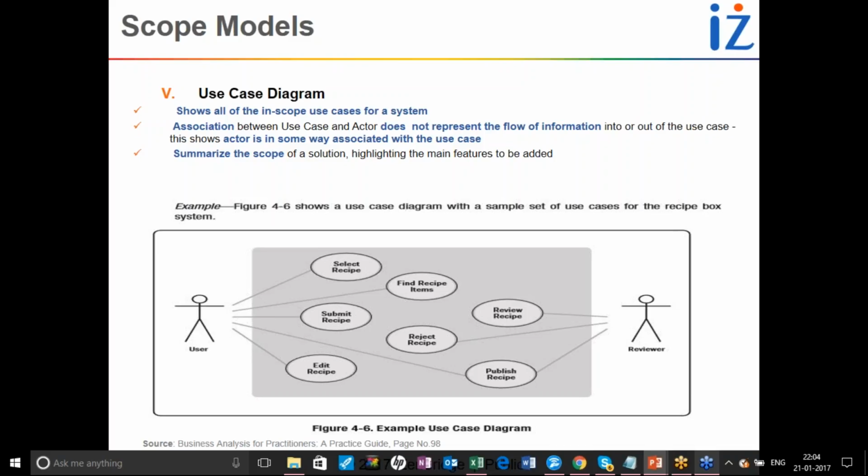When you use the use case diagram to show lower level details of interaction, things become messy, and it creates complexity within the requirements. So use case diagrams are recommended from the scope model point of view, where you are representing the high level interaction with the users. When you want to go deeper, you move towards the process models, and then you need to use the textual format of use cases.